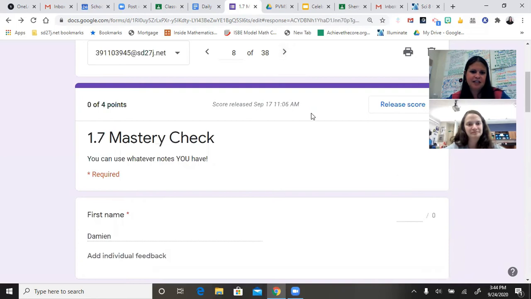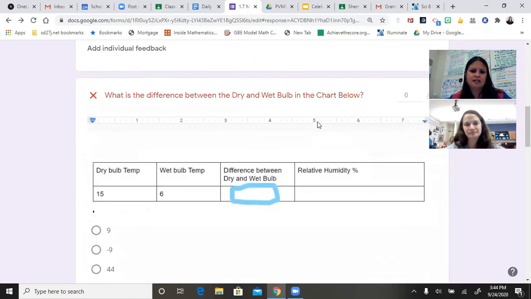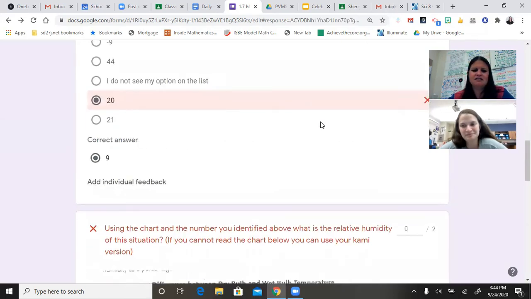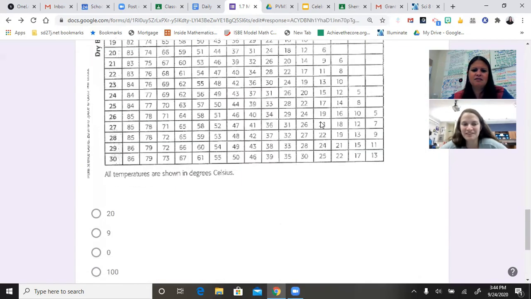So then we have Damien. And it looks like he went to the chart. Yeah, went to the chart and maybe used it correctly, but didn't follow the right steps. Right. Because then he would have gotten this other one wrong too.